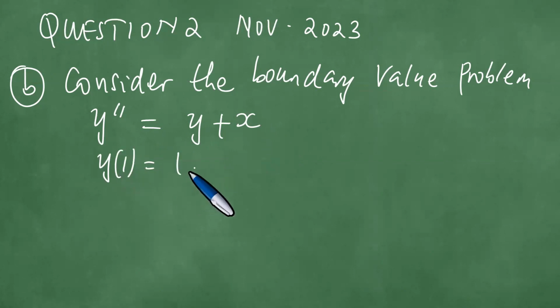Y at 1 is 1, and then y at 3 is exactly 2.